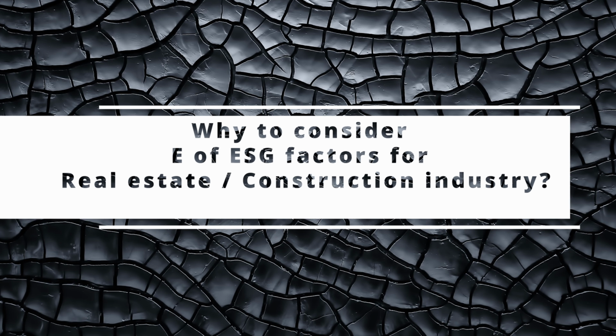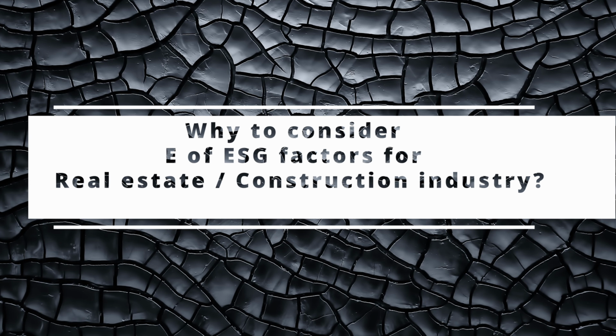Overall, incorporating E into construction or real estate projects can have a number of benefits for both the environment and the bottom line. The next question is, why consider the E of ESG factor for the real estate industry?